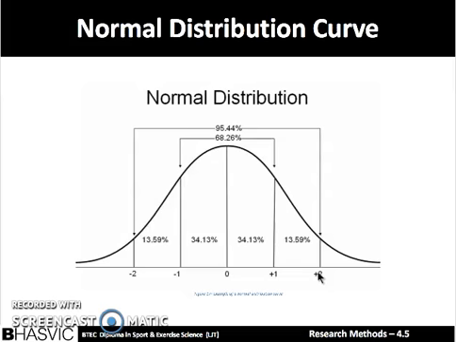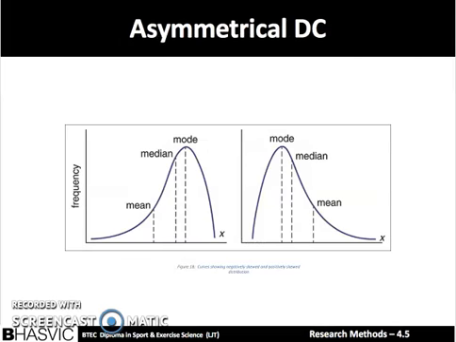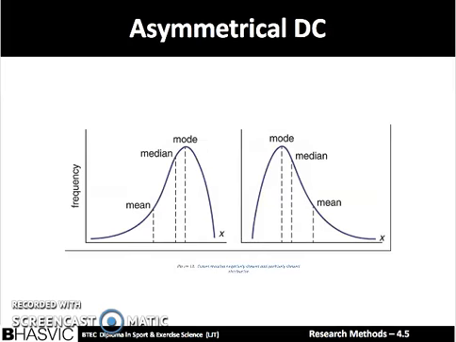So that's the normal distribution curve, but you also have asymmetrical distribution curves. So this is where the curve skews. It's still almost a bell shape, but there's actually a skew towards one side. So the direction of this skew explains whether it's a positive or negative skew.